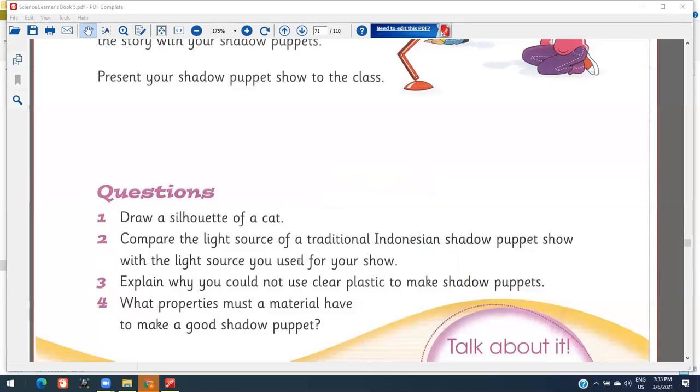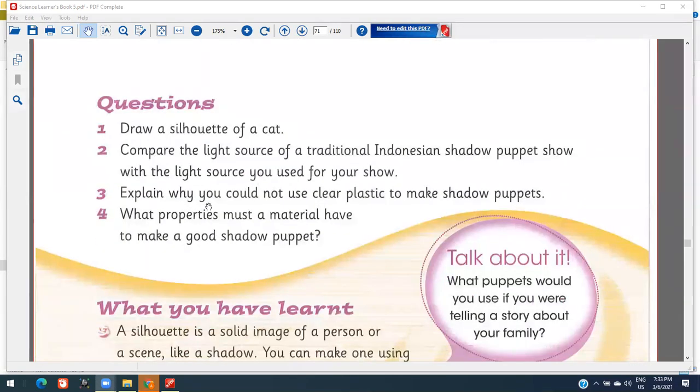Okay, explain why you could not use clear plastic to make a shadow puppet. When we are making a shadow, what do we require? What is the property we require the most?